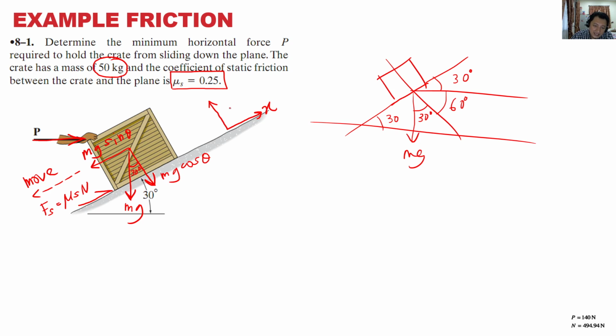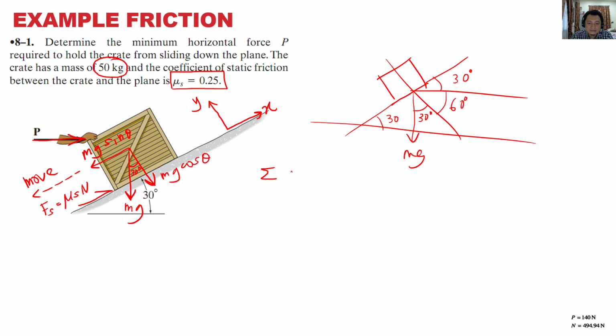Take the inclined surface as x and normal to that surface as y. So this is as if you are rotating your paper a bit. So it becomes like this. So in order to solve this, we have to do the same thing.